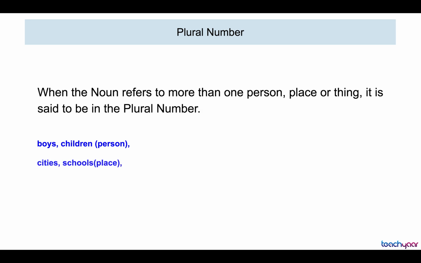In the same way, when you refer to a noun like cities, you know there is more than one city. Schools, pens, notebooks. So when you look at these nouns, you can come to know that it refers to more than one person, place, or thing.